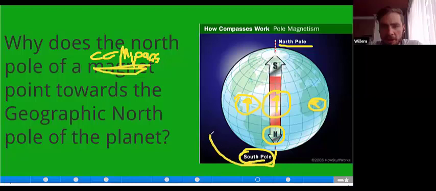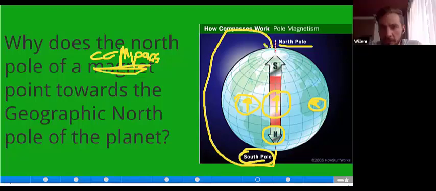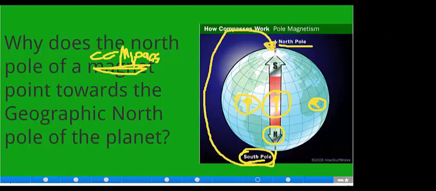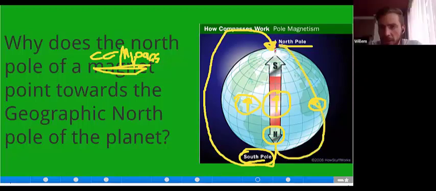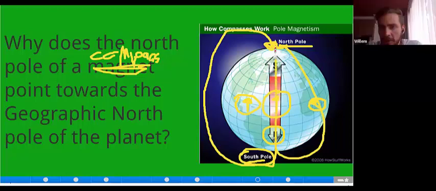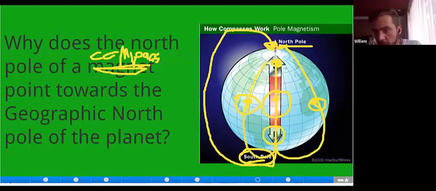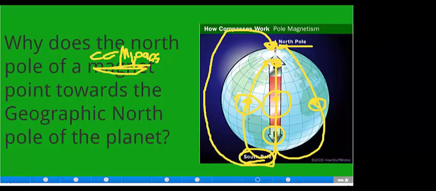Magnetic field lines start where? From the north, and it goes to the south. It starts from the north and it goes to the south.